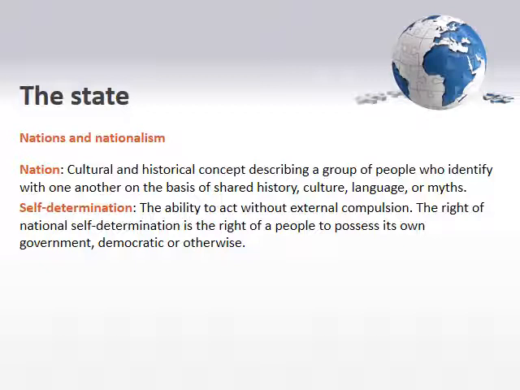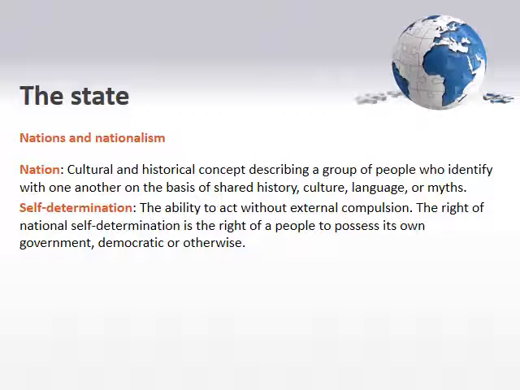Well, the concept of nationalism is that it's a glorification of the nation. In many cases it could be in cultural terms, it could be in racial terms. And sometimes this is used as justification to create one's own state or to conquer the states of others and expand the state.